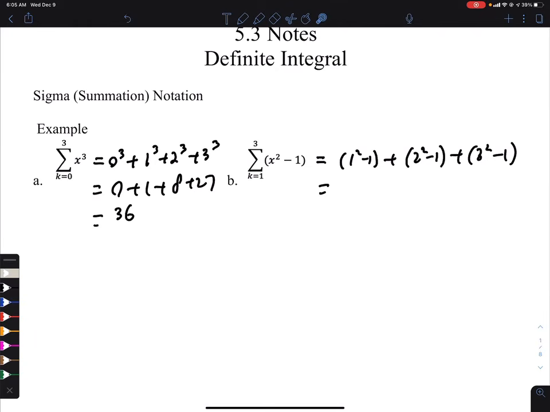And you stop when you get to 3. 0, 4 minus 1, 9 minus 1, and we get 11. So it's a quick review of summation notation or sigma notation.